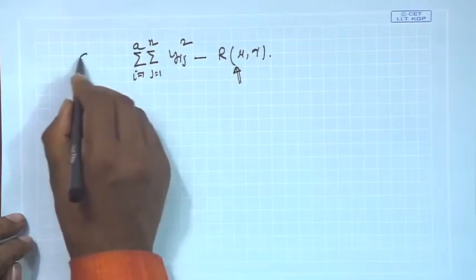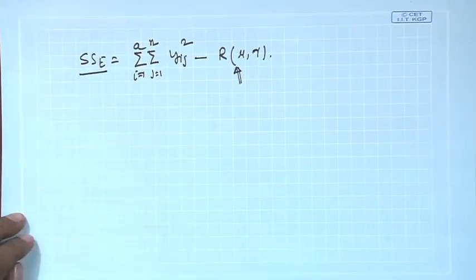Then the difference gives you the sum of squares error.